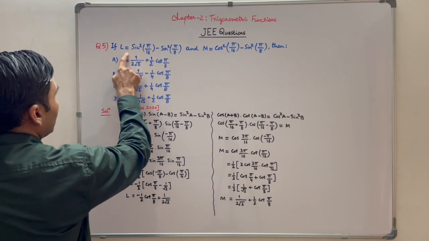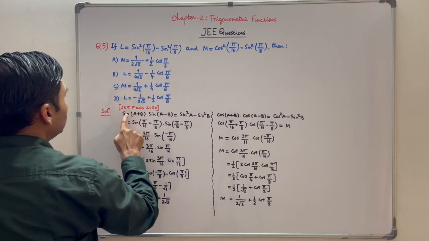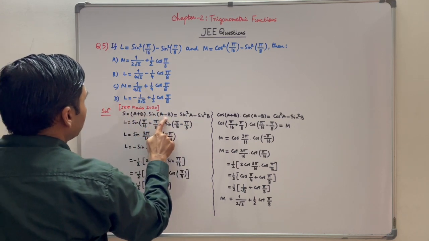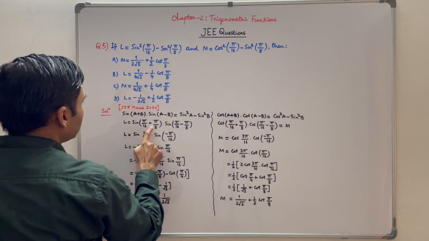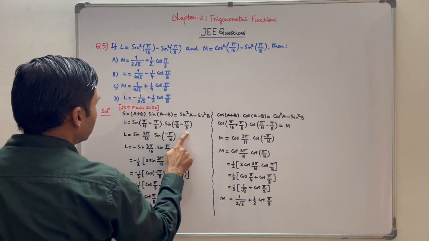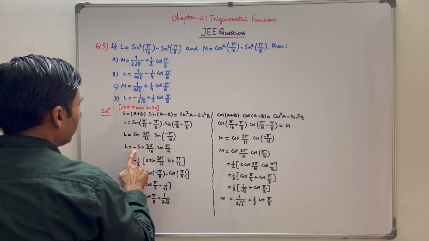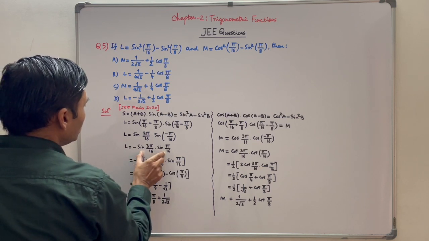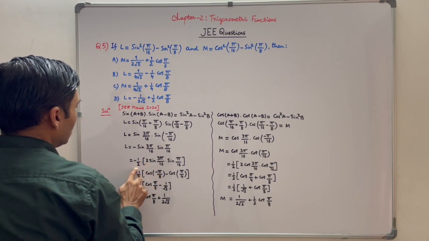Recall the formula of sin square A minus sin square B is equal to sin A plus B into sin A minus B. So L is equal to sine pi by 16 plus pi by 8 into sine pi by 16 minus pi by 8. Sine of minus theta is equal to minus sine theta. Now this can be written as 2 sine A sine B by multiplying by 2 and dividing by 2.